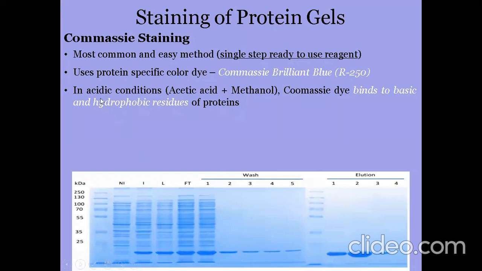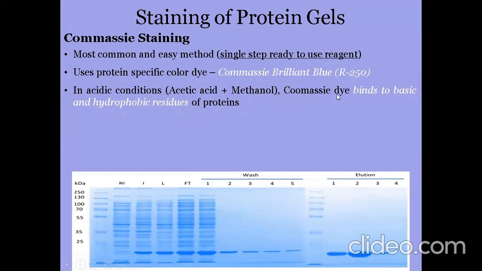And in acidic conditions, how will this stain actually stain the protein? In acidic conditions, we add some acetic acid, glacial acetic acid, and methanol with the Coomassie Brilliant Blue when we make the dye.